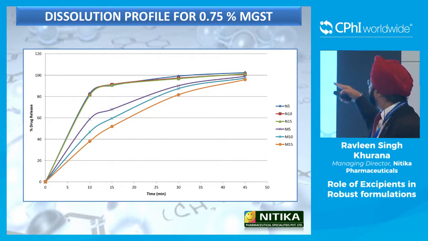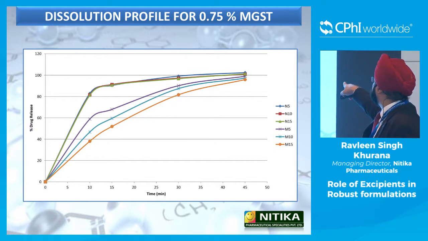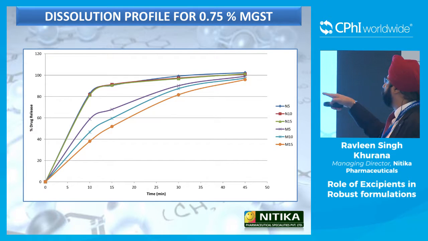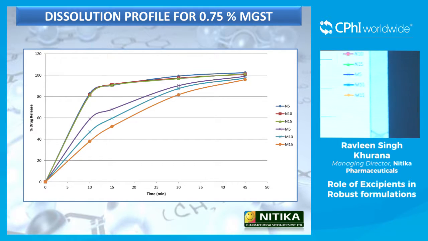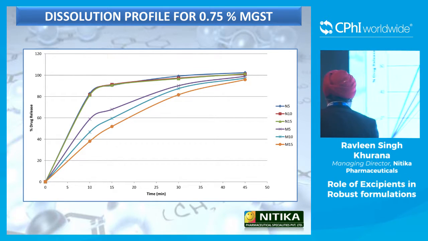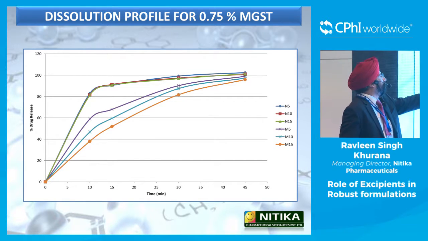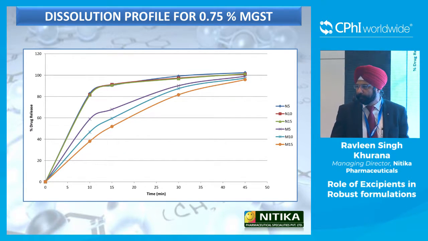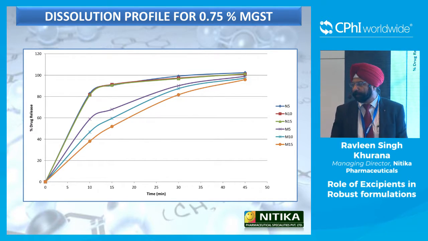This is the 5 minutes, 10 minutes and 15 minute blending time with the Nitika magnesium stearate, whereas the other curves are M5, M10 and M15 with the other magnesium stearate. If you look at this curve closely, you will be able to find out that in 5 minutes and 10 minutes, you have a dissolution of less than 40%. As against that, it is more than 80% with the Nitika material.